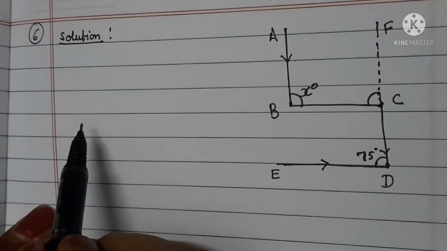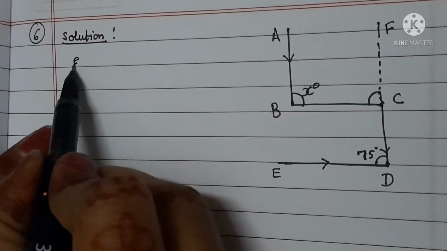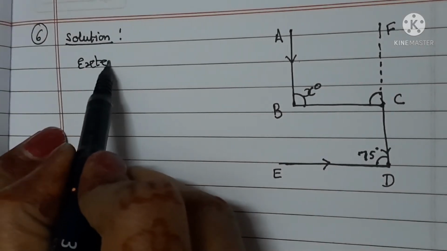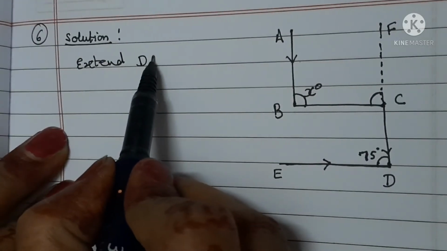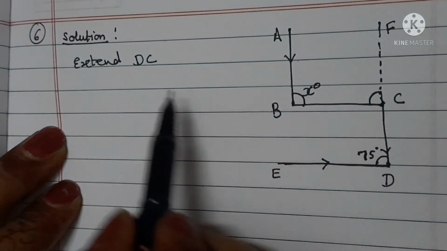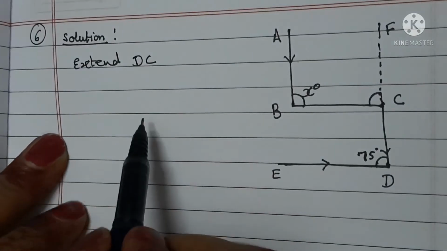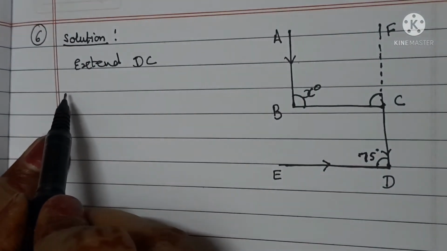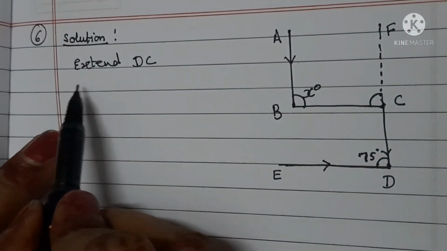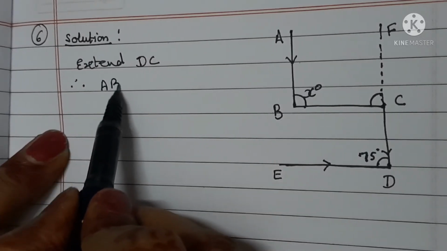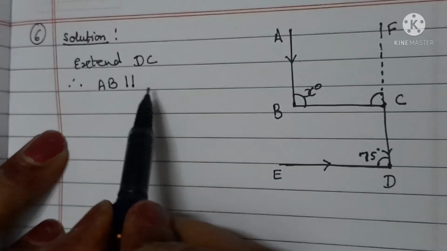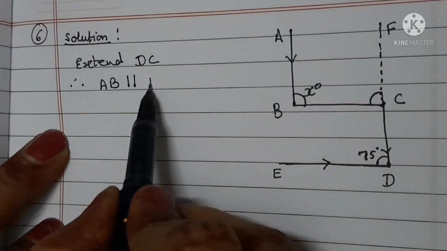Write down, extend DC, extend DC, so that angle, or you can write therefore AB is parallel to DF.